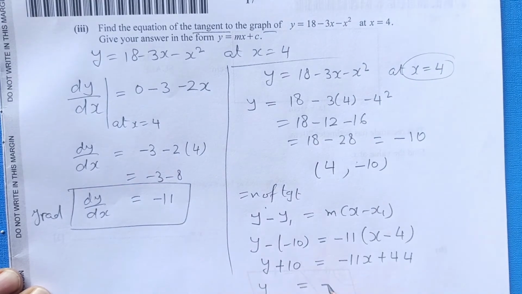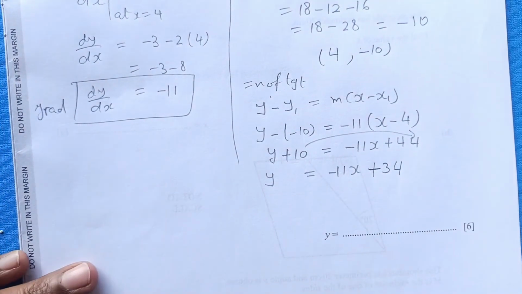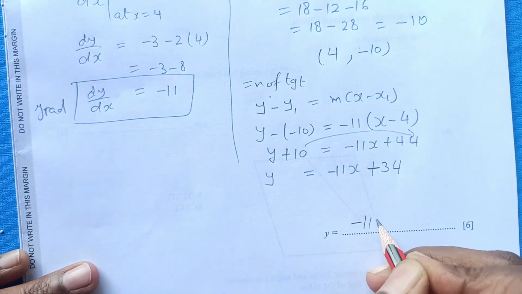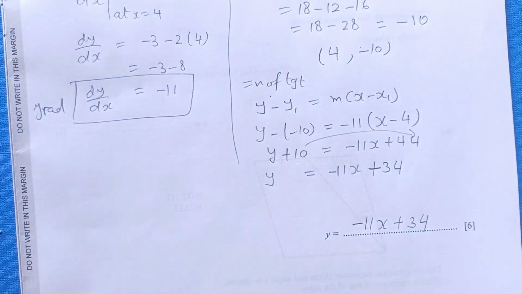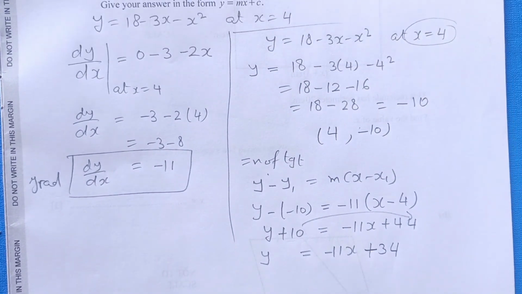So y will be negative 11x plus 44 minus 10, which is 34. So this will be the final equation. So our answer is y equals negative 11x plus 34, right? As this is a 6 marks question, you have to show all your working and you need to show everything very clearly.